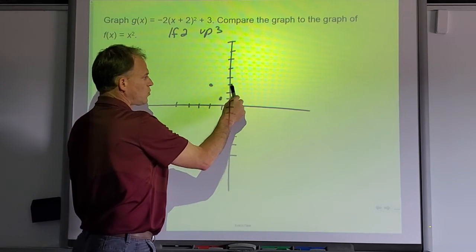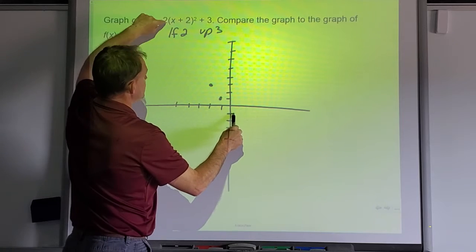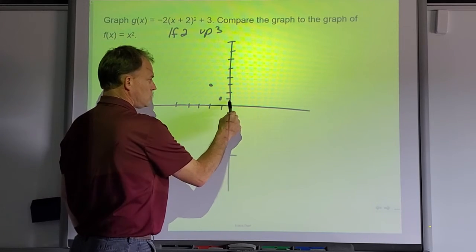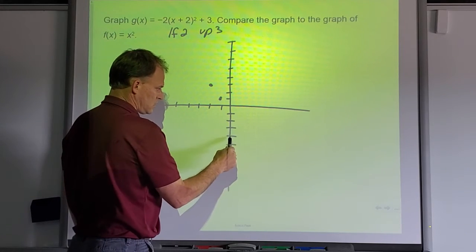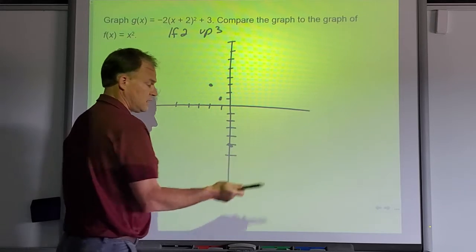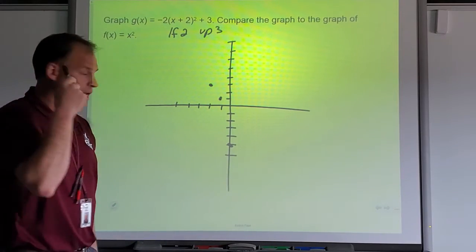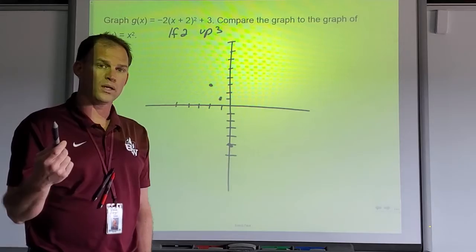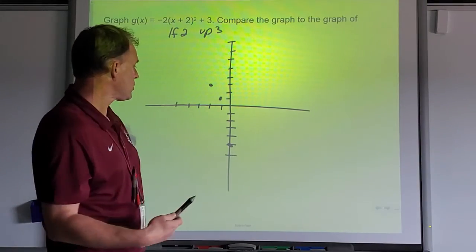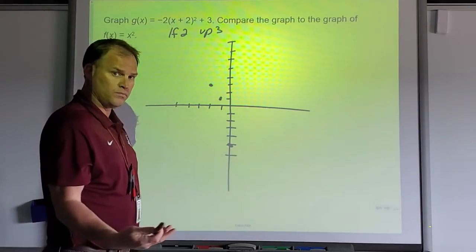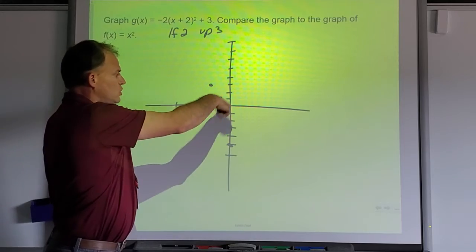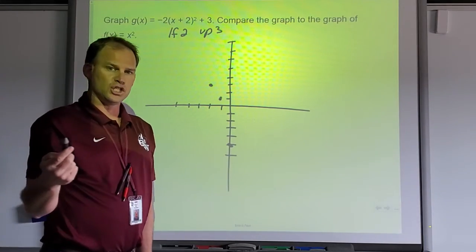Okay, so I'm going to go right, I'm going to go down, and I'm stretched 2, so I'm going down 8. 1, 2, 3, 4, 5, 6, 7, 8. So again, I don't actually know what coordinate that is. I don't really care. What I care about is what's going on and what is that relationship.